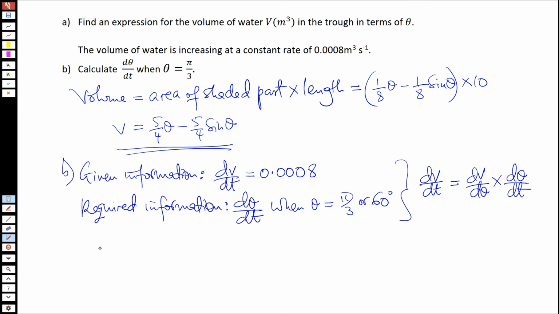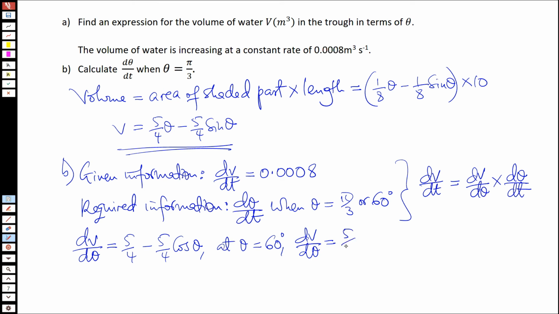So dv over d theta will be equal to 5 over 4 minus 5 over 4 cos theta. But now at theta equals 60 degrees, dv over d theta will be equal to 5 over 4 minus 5 over 4 cos 60, and cos 60 is a half.